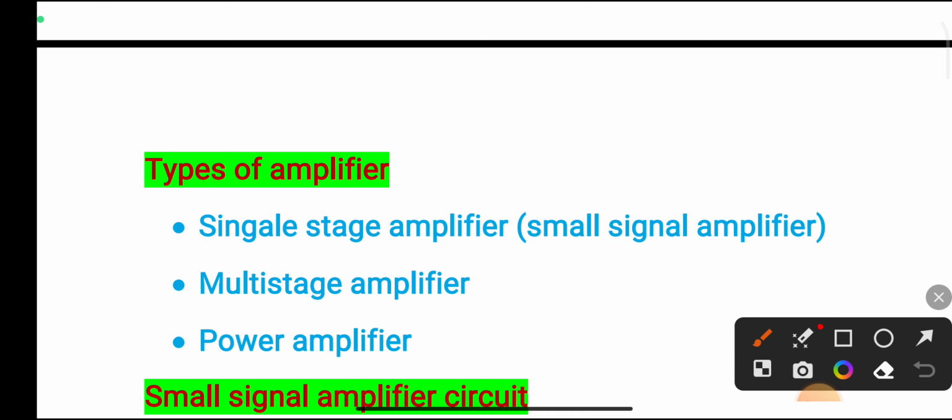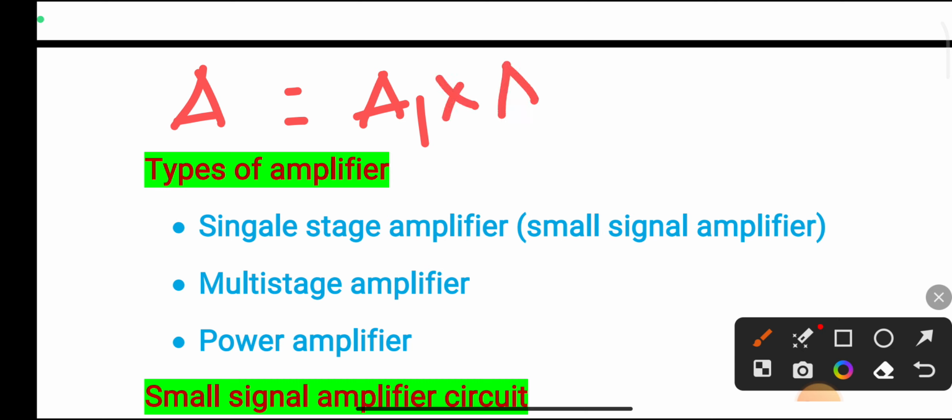For a multi-stage amplifier, the gain A is equal to A1 times A2 times A3, and so on, where A1 is the voltage gain of the first stage amplifier, A2 is the gain of the second stage, and A3 is the third stage gain. So the gain will be higher than that of a single stage amplifier.